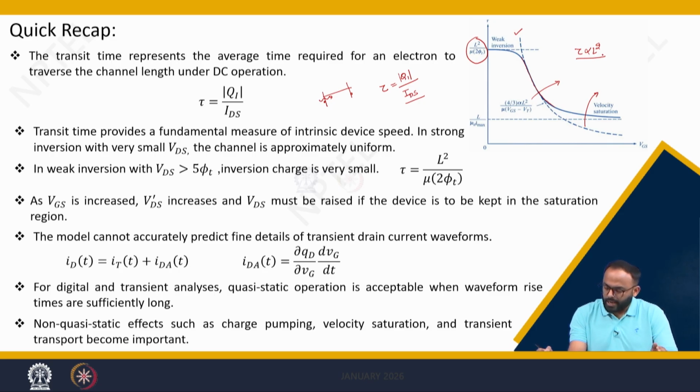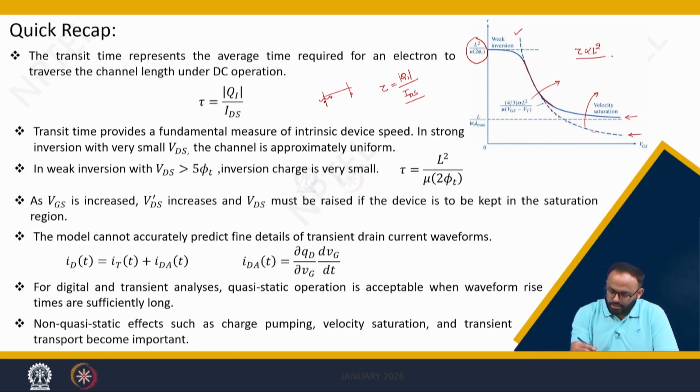Then we said that in saturation, the expected transit time line will be this dotted line. Whereas there is a concept of velocity saturation, which we discussed for small channel devices.